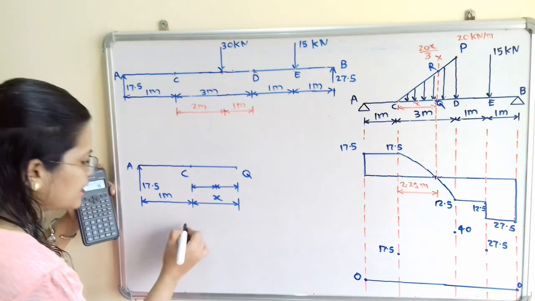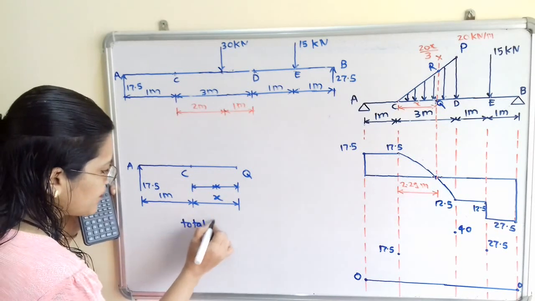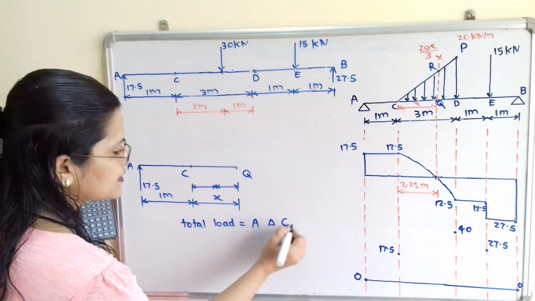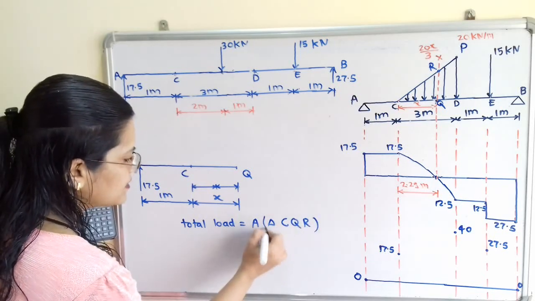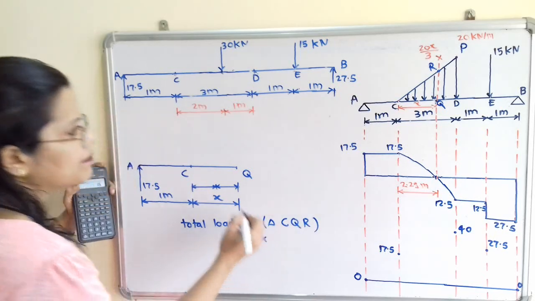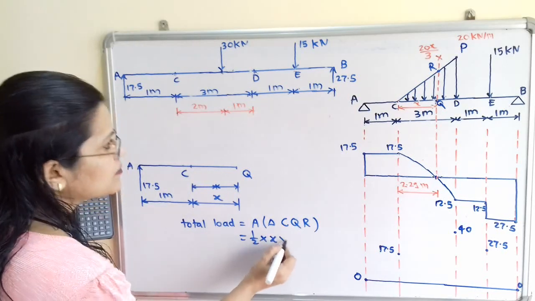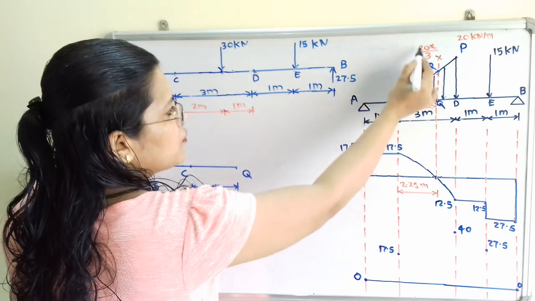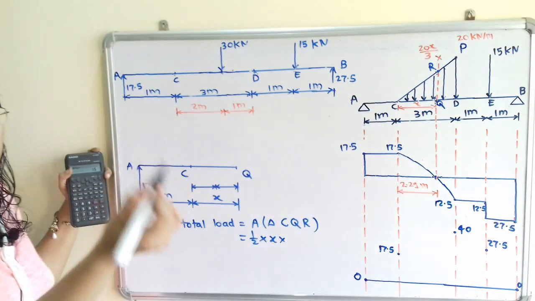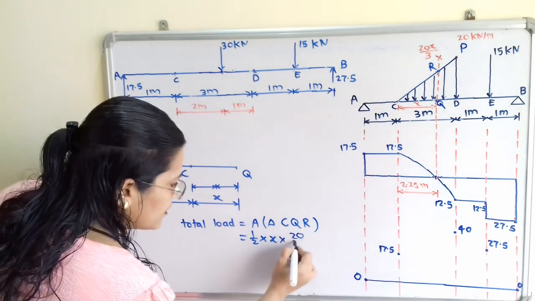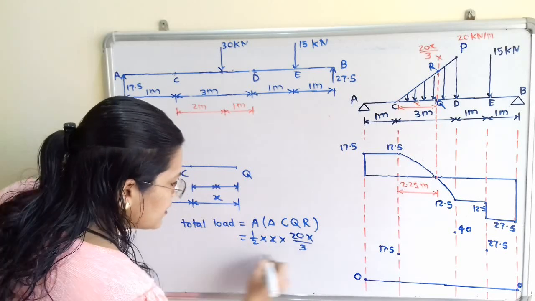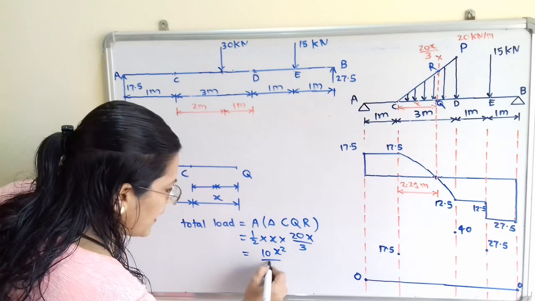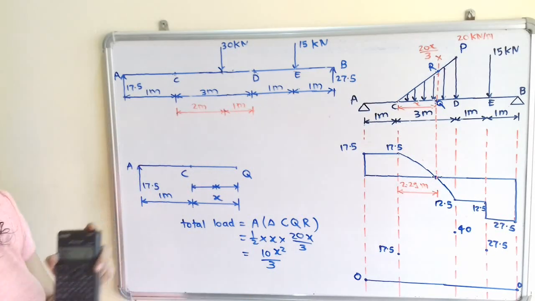So total load is equal to area of triangle CQR, and that is equal to half multiplied by base. So base is X multiplied by height. So height, if we observe RQ, the rate of loading is given 20x by 3. Now we will simplify this. So we will get 10x square by 3. So this is the total load.